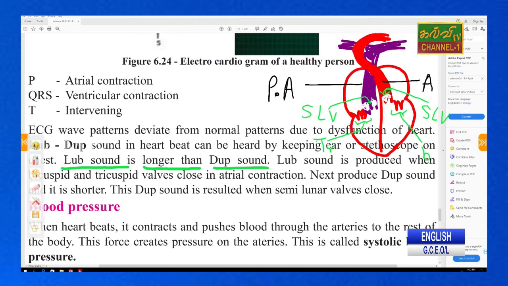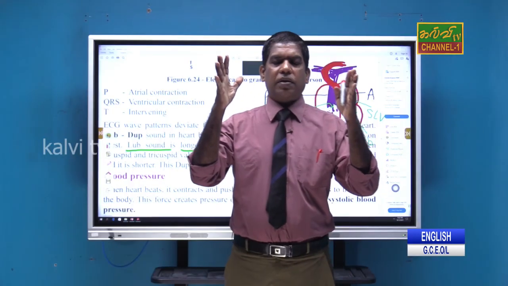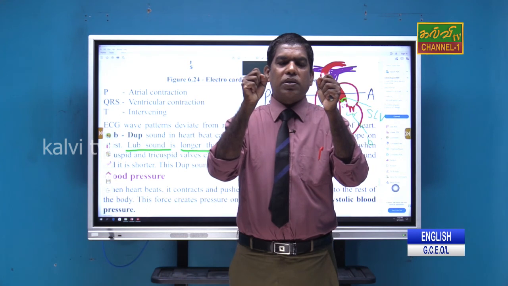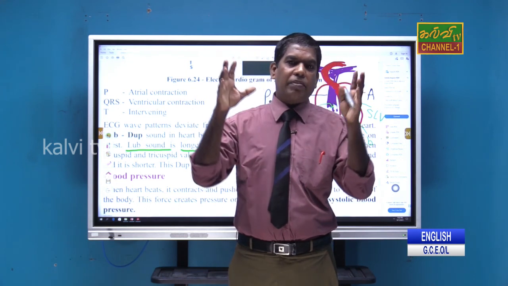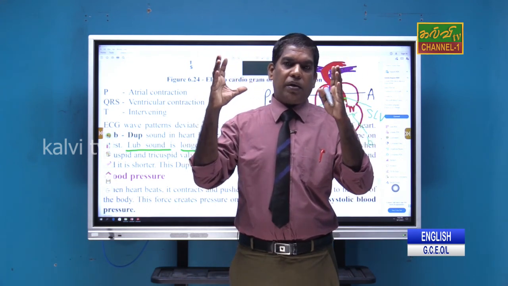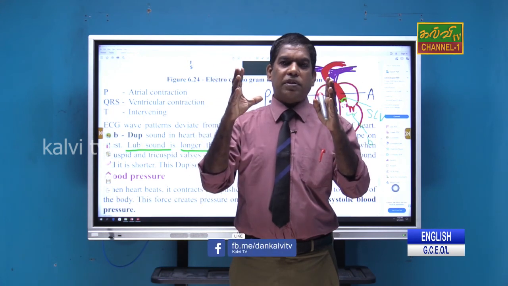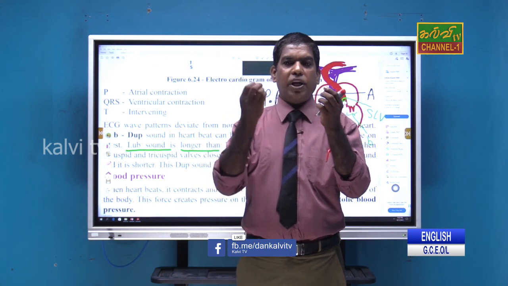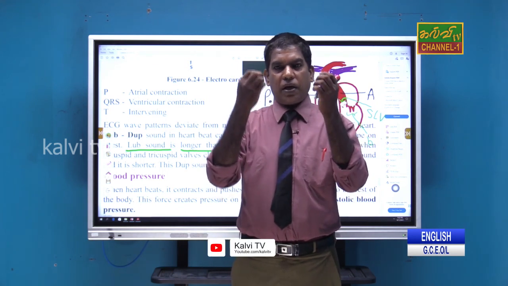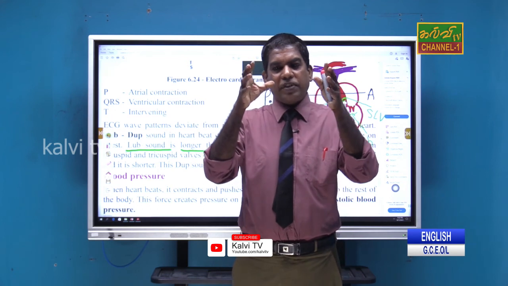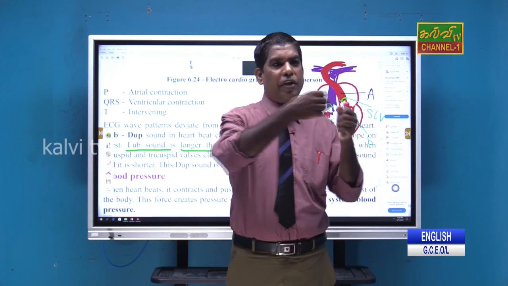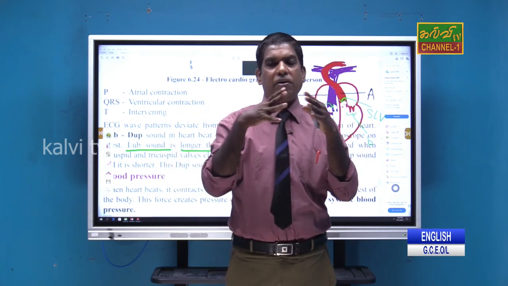Both of those valves, the tricuspid valve and the bicuspid valve, when they close, that is lub. At the same time the semilunar valves, at the beginning of the aorta and the beginning of the pulmonary artery, also close. So that is dub. You know, when you close a door, what happens? You may hear a sound.